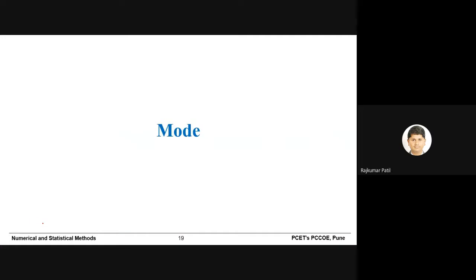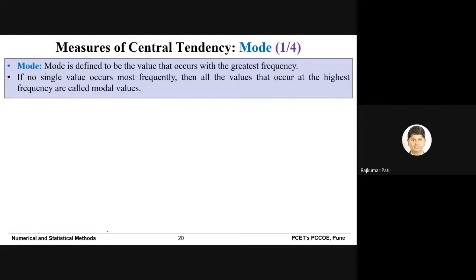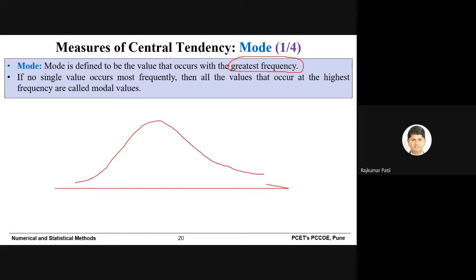Then again, every time we cannot rely on mean as well as median. So in that case, mode comes into the picture. Mode is defined to be the value that occurs with the greatest frequency. When you plot a distribution like this, the values here will have maximum frequency as compared to the values on the left or right.